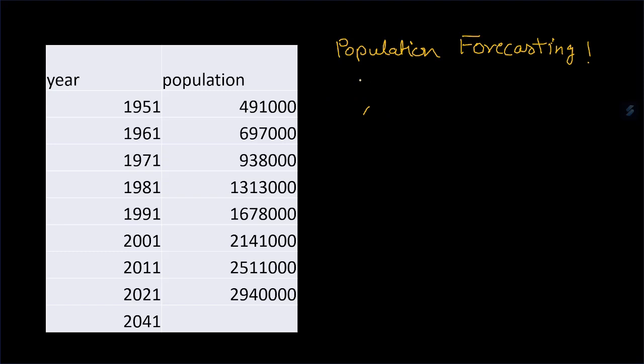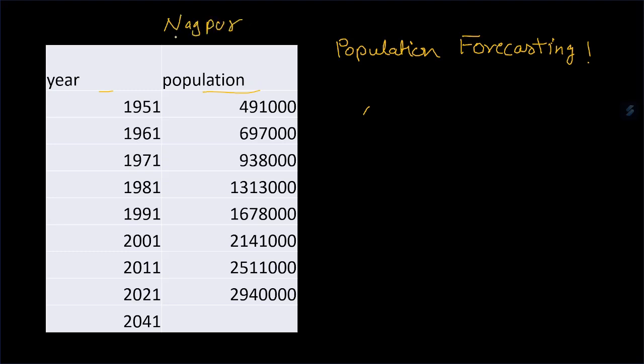Welcome back. In my last lecture, we saw different population forecasting models. So in this lecture, we are actually going to see how we can solve for a given set of population for different decades. So here in the table, these are the years given and these are the census data for the Nagpur city.